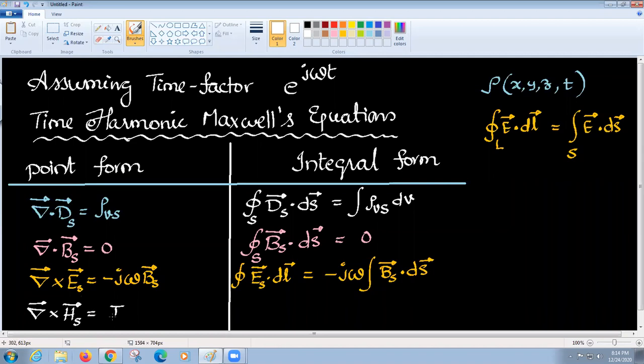This is nothing but conduction current density, Jc, plus j omega, I mean, dou D by dou t. Dou by dou t, I can take as j omega in Phasor form. So D also take in Phasor form, Ds. So you have the Phasor form for the point form.